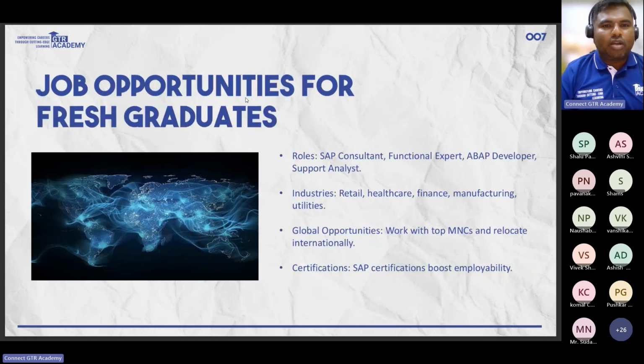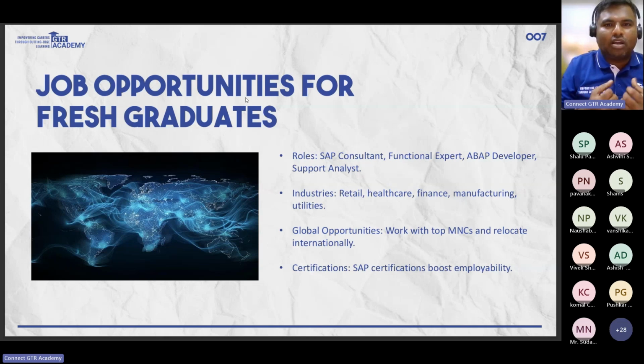Coming to the job opportunities: once you get trained and get out of GTR Academy as a trained candidate, you have multiple job opportunities if you are trained in the functionals like SAP MM, SAP FICO, SAP EWM, SAP SD. Then you have a position called SAP consultant.